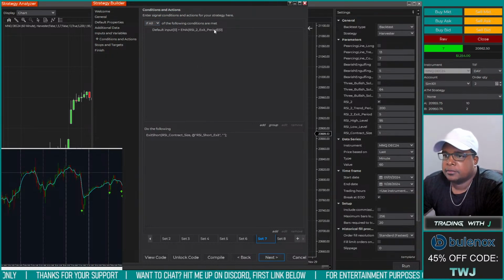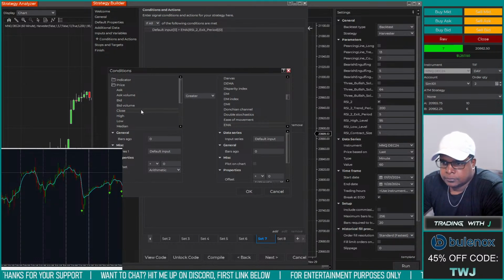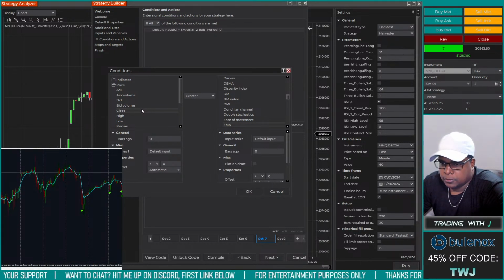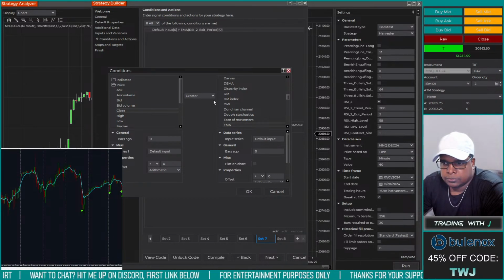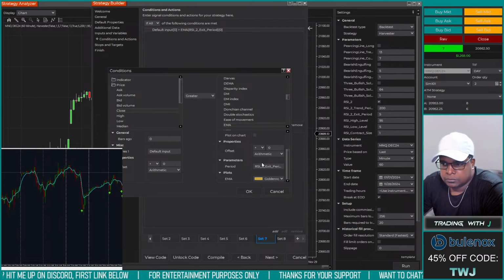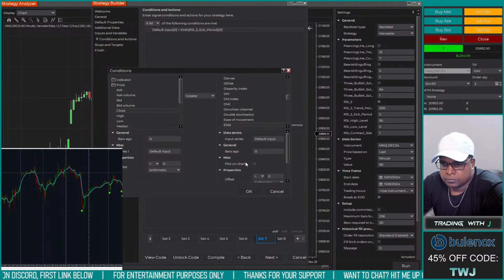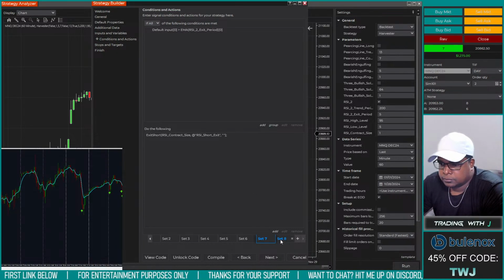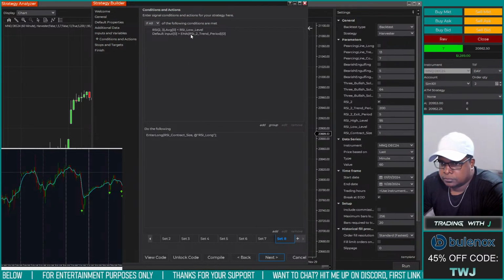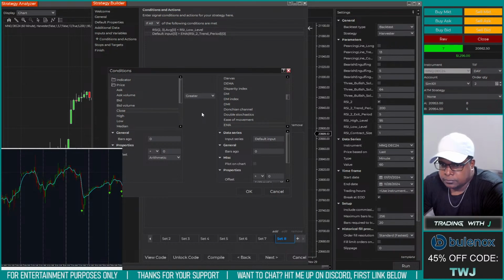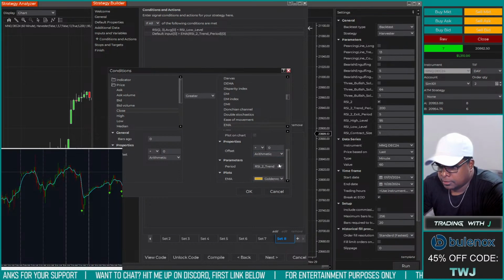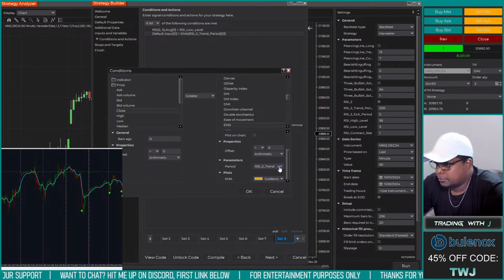So we have an issue in here. If close is... so your bars must be greater than the trend period, which is 200.